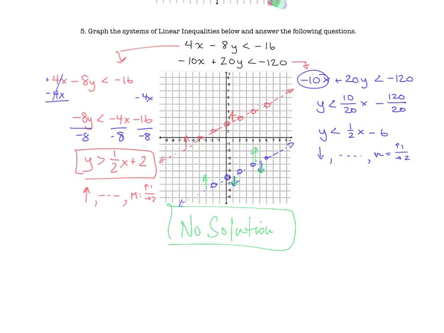So I want you to fully understand that just because inequalities are parallel does not necessarily mean that the answer is no solution. Your solutions on inequalities come from your dual shaded region. The reason that this problem has no solution is because there is no way that my two inequalities will ever produce an area of a shaded region that overlaps, okay?